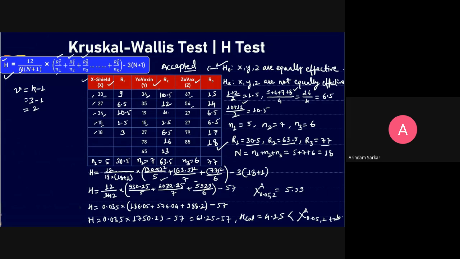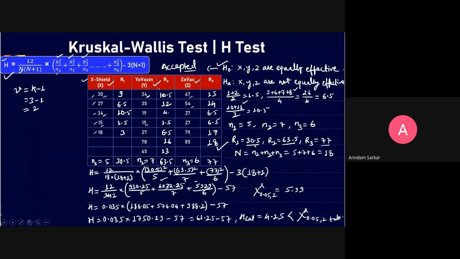So what we are doing here is performing rank. We are taking the global rank like the previous one. After putting the global rank, we perform this operation. We look at the calculation, H equals to 12 by n into n plus 1, like that. So n1 equals 5, n2 equals 7, n3 equals 6.